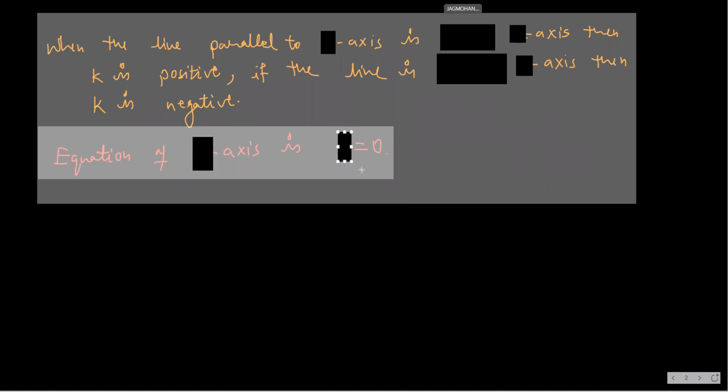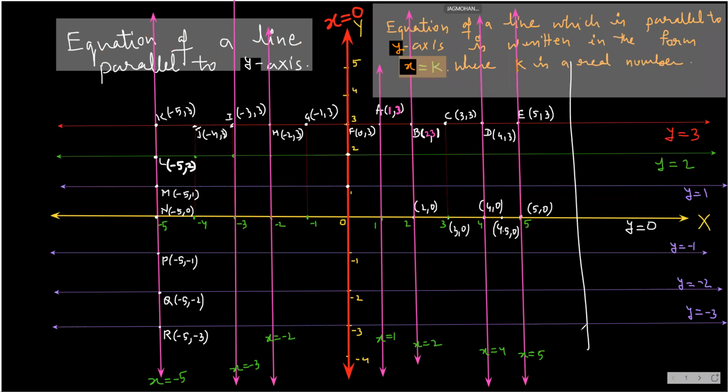See, students, I'm making changes in this only. So here I write when the line parallel to y-axis is on the right of y-axis, you understand on the right, that is this side.